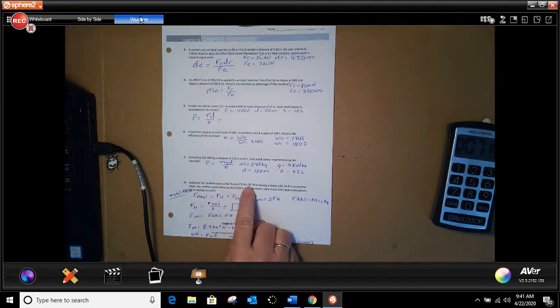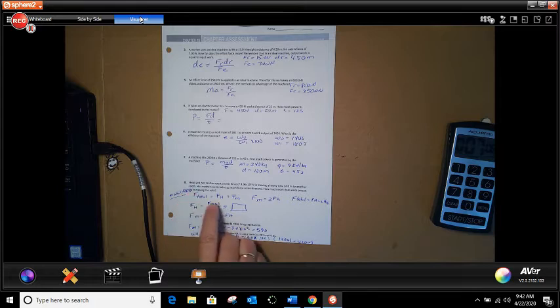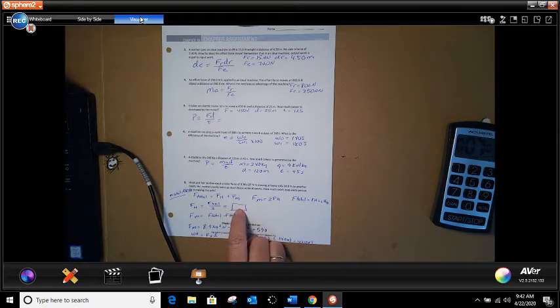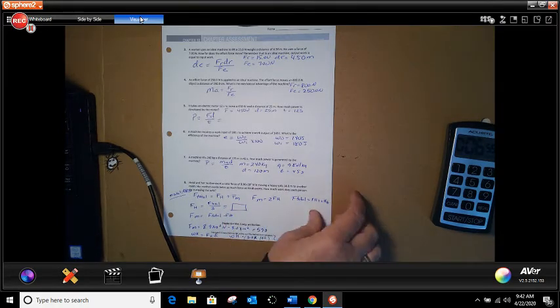I just changed it, moving my decimal over 2 places instead of having it in scientific notation. So my F total, 890, divided by 3, is going to give me my FH. I've already done all the other math, so the only thing you have to do here is find FH.